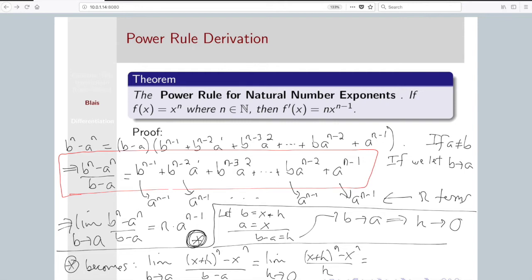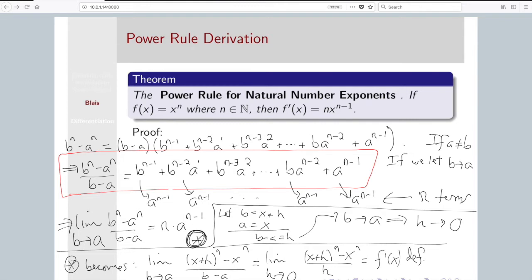which we notice this is the definition of f prime of x when our f of x is x to the n. This is f of x plus h, right? Evaluate x to the n at x plus h, minus f of x over h.